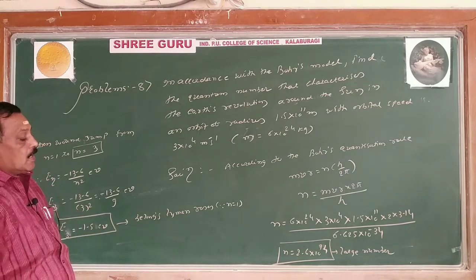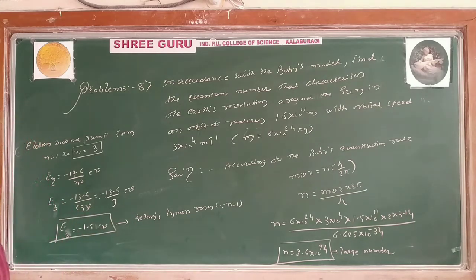We consider that number. So the electron should jump from the higher orbit, third, to the first, that is the Lyman series. What is the energy possessed in the third orbit? Minus 1.54 electron volt, that is simply minus 1.5 electron volt.